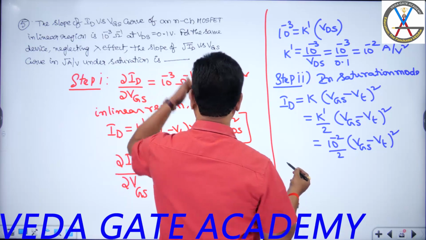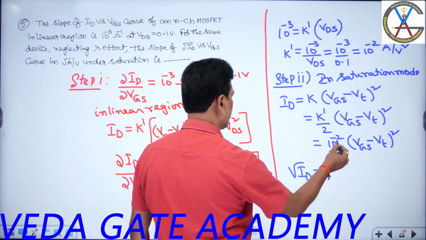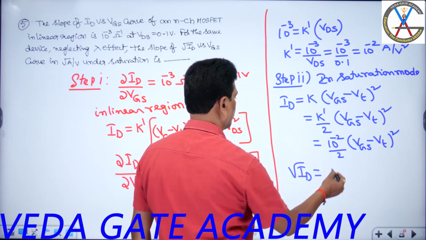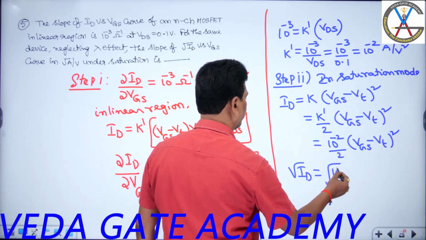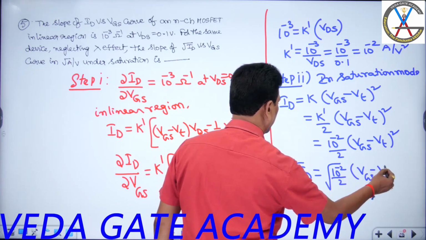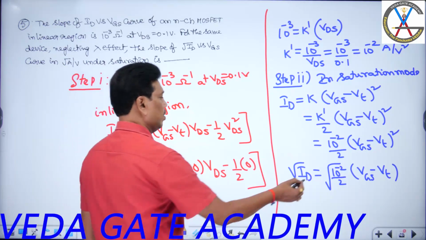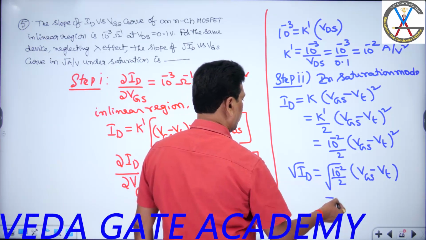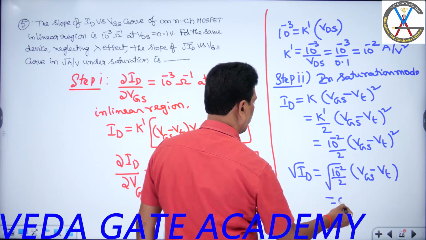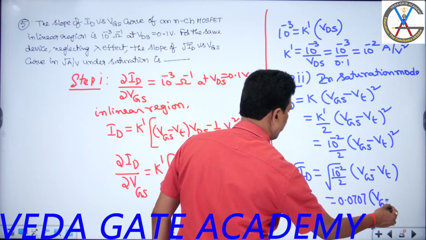Now you are asking the slope of square root of ID. If I take the square root, the square gets cancelled. So this is 10 power minus 1, root 2 becomes 1 by root 2, which is 0.707. That total becomes 0.0707 into (VGS minus VT).